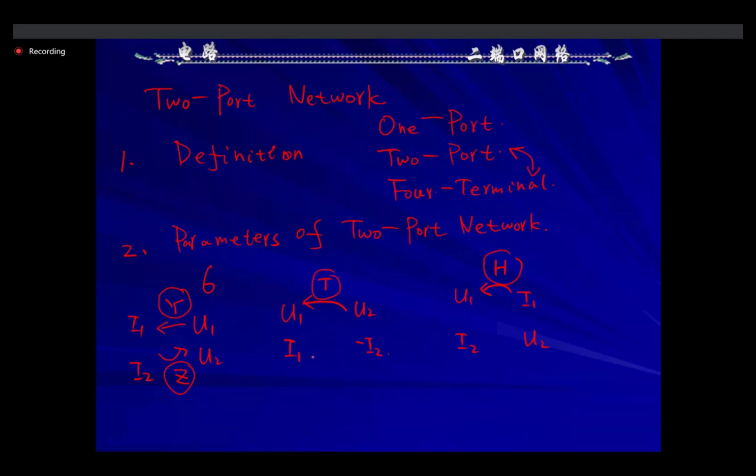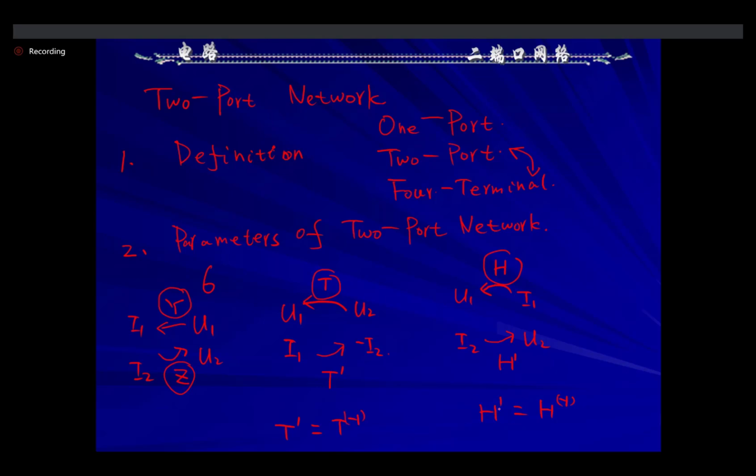We can also use U1, I1 to express U2, minus I2. We call this T sharp. Or use U1, I2 to express I1, U2. We call this H sharp. The T sharp will be the T inverse. The H sharp will be the H inverse.